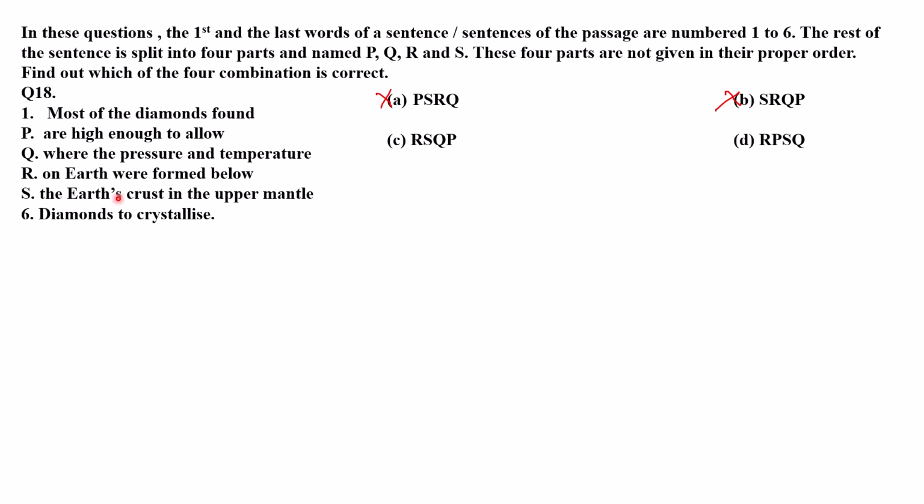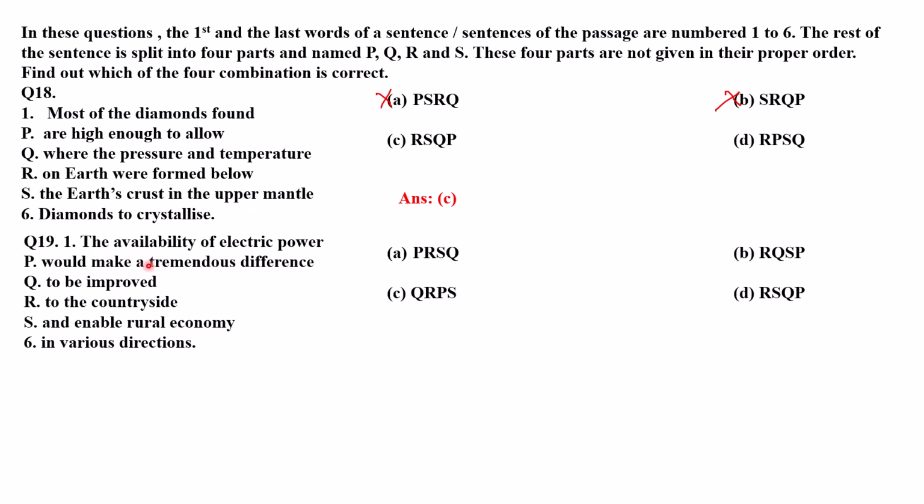Below the Earth's crust in the upper mantle, where the pressure and temperature are high enough to allow diamonds to crystallize. So I can see C option is giving me a proper meaning. Okay, so the correct answer will be answer C. So like that you combine the sentences and see which one is giving you the proper meaning.